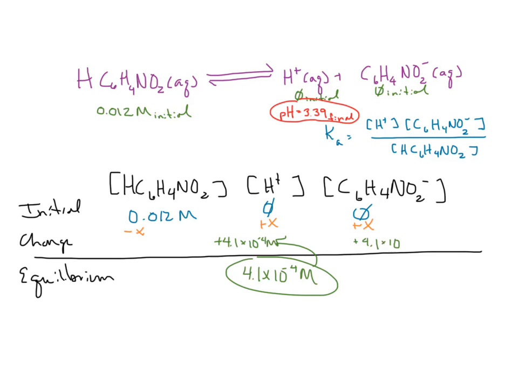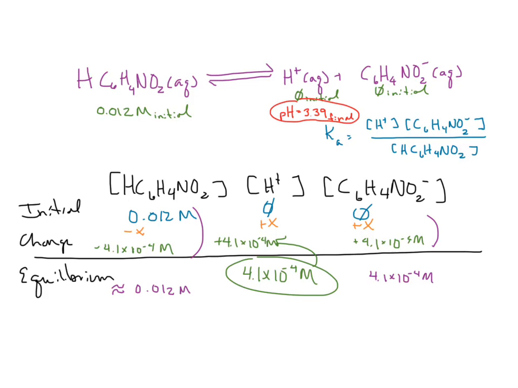And the stoichiometry is 1 across the board. So basically, we have a minus x, it's kind of in orange here. We have a minus x is going to happen to our weak acid. A plus x, of course, is going to happen to both our H plus and our conjugate base. Here in a minute, we're going to call those probably on Friday. Okay, so the orange is what's happening.